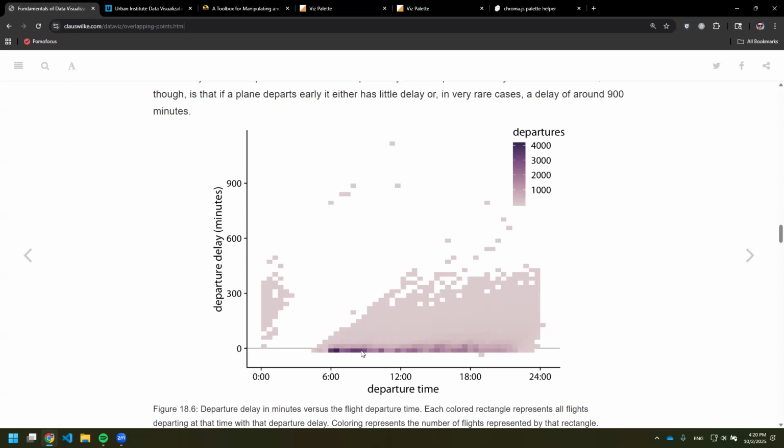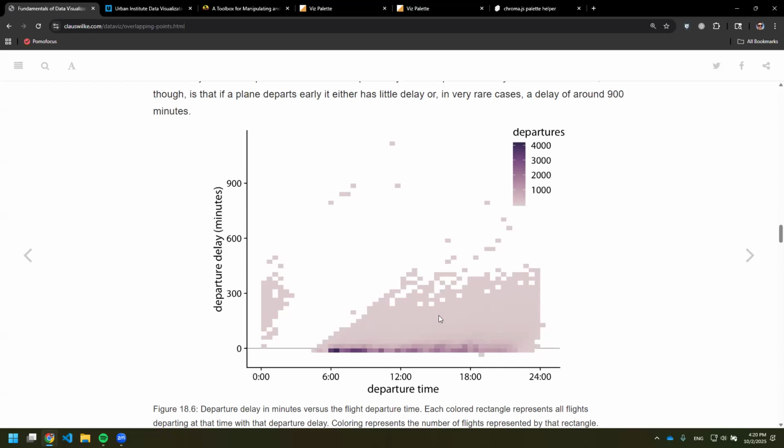A few patterns emerge very clearly. Number one, most flights are between, let's say 6 a.m. until, maybe 1900 hours or something like that. So that's when most flights are, it seems. And then also most flights are on time, or mostly on time. But we have a very long tail of flights that are considerably delayed, right?